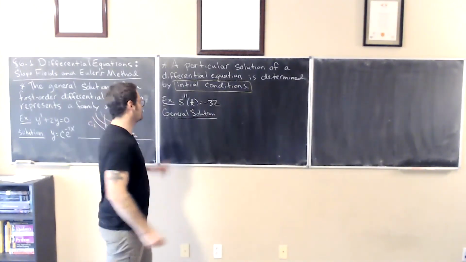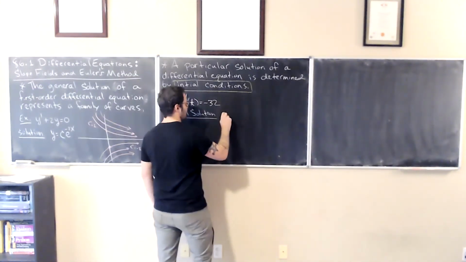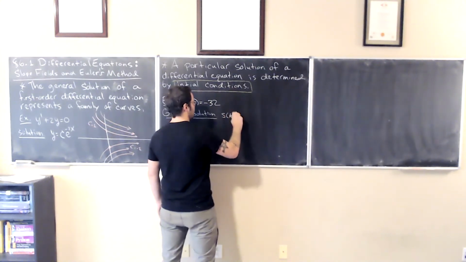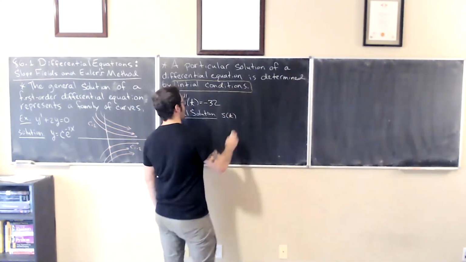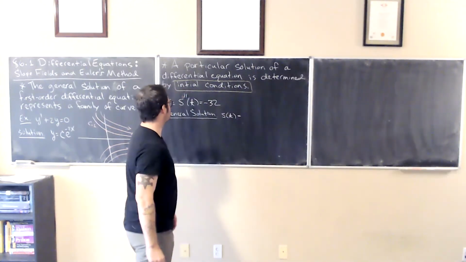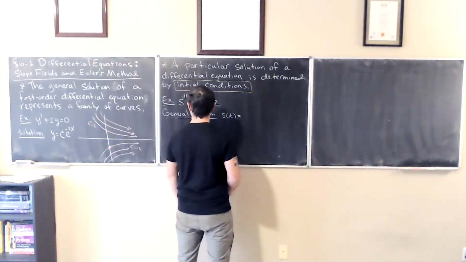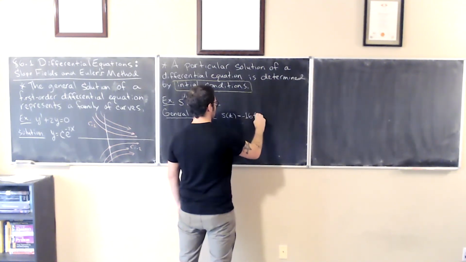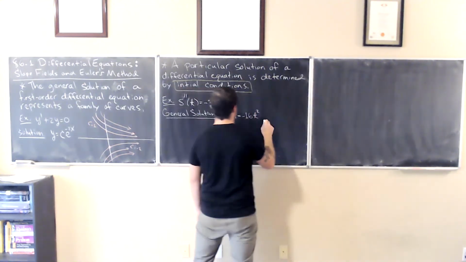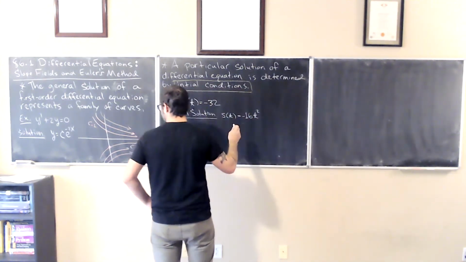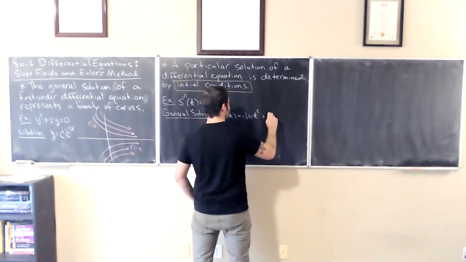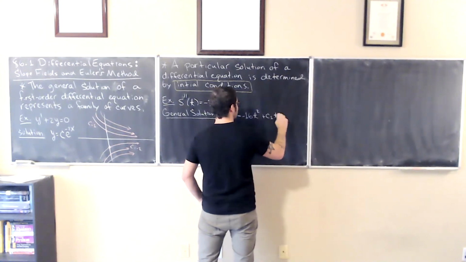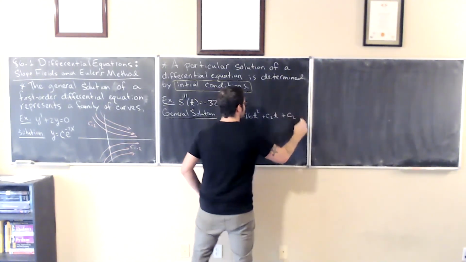There's no variables, so we can verify that s of t is equal to, so what should this be? Negative 16 t squared plus c1 times t plus c2.